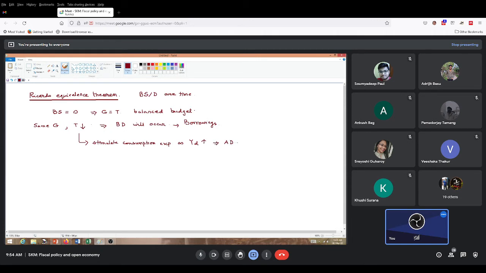So aggregate demand will rise and this will lead to increased production. Now the problem is that because you are borrowing, the current tax cut, the tax cut in the present period, will lead to a rise in taxes in the future.